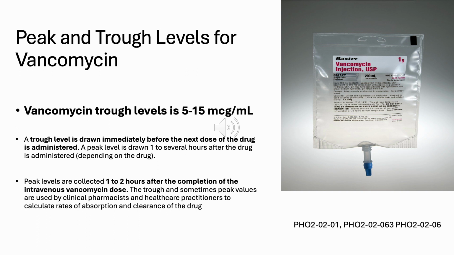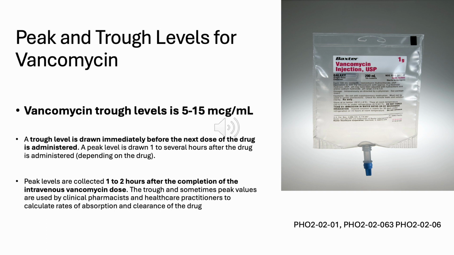It is nephrotoxic, which means it's very harsh on the kidneys, and is hepatotoxic, which means that it's very hard on the liver. There is a peak and trough level as far as the labs. However, there is primarily a trough lab level that is monitored versus the peak, and that level runs between 5 and 15 micrograms per milliliter.